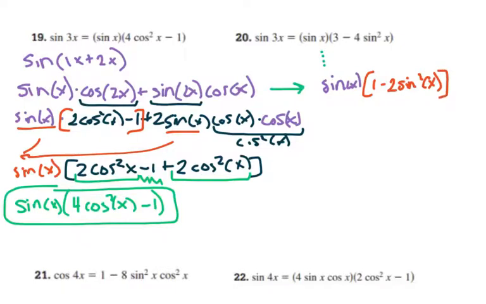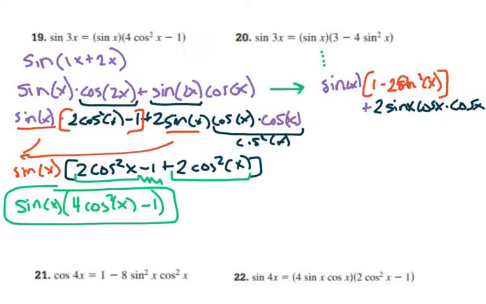And then to that we're adding the 2 sine cosine for sine of 2x. And then the other cosine of x.